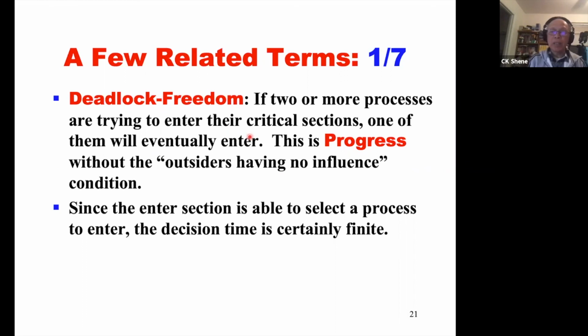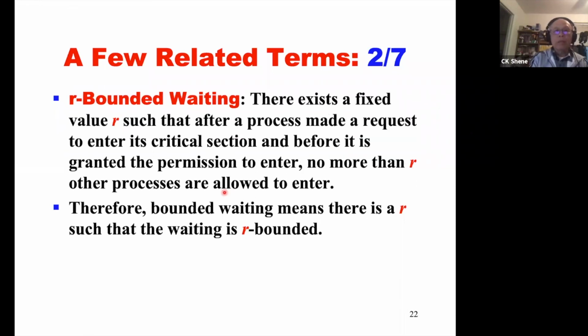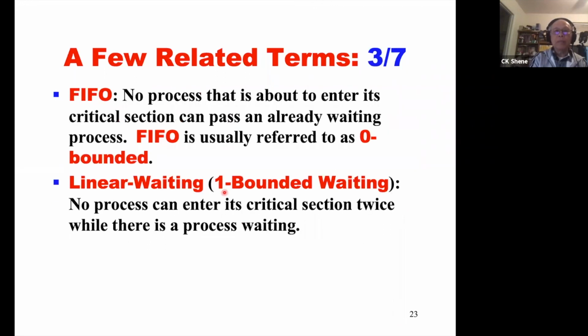It does not say those who are not waiting will not have any influence. So basically, the progress condition is stronger than the deadlock free condition. And then please read our bounded waiting and find first in, first out.